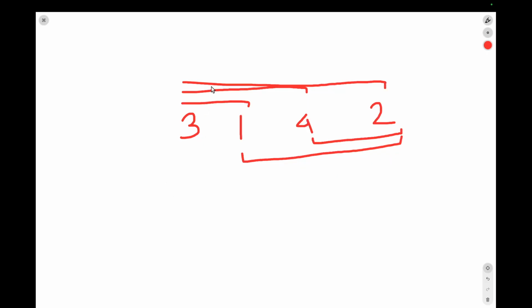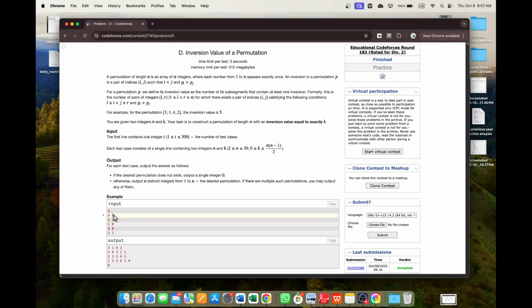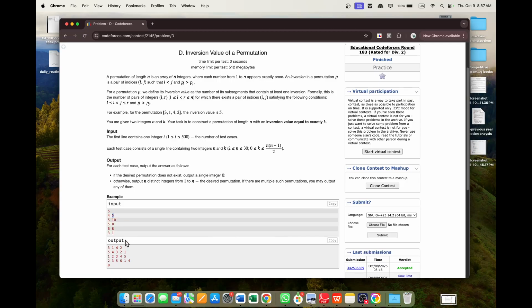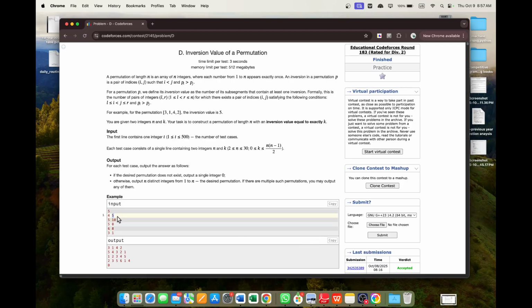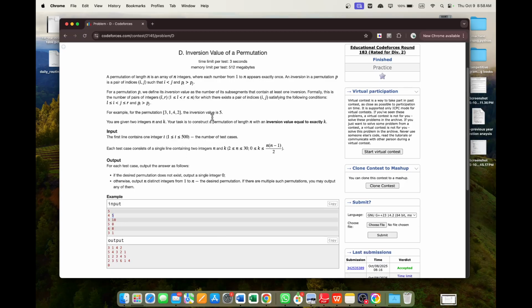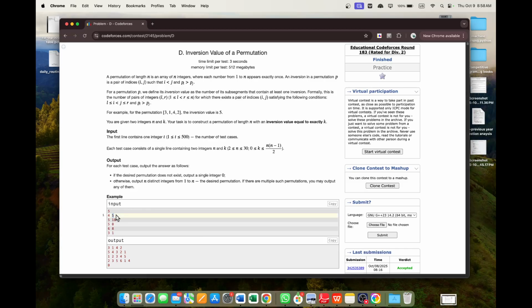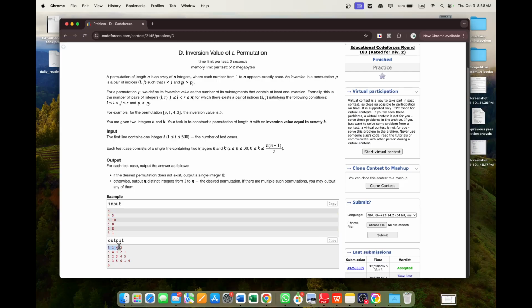So here 1, 2, 3, 4, 5, there are 5 such subarrays where the condition holds, meaning they contain at least one pair where p of i is greater than p of j, and the answer is 5 here also. Okay, so we don't need to calculate the number of subarrays such that this condition holds as 5. Rather, we will give the answer and we have to build this permutation.